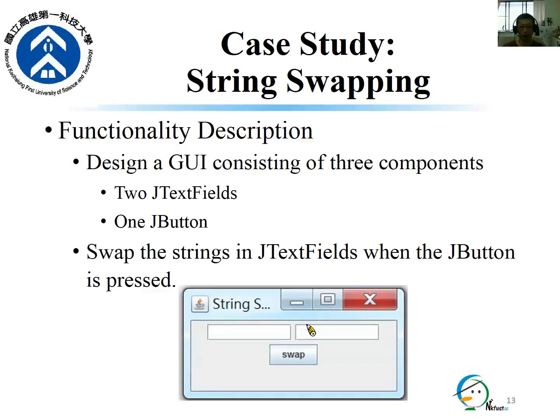Running the program to see the GUI window. Then typing cat in the left J text field and dog in the right one. By pressing the J button to swap the names.